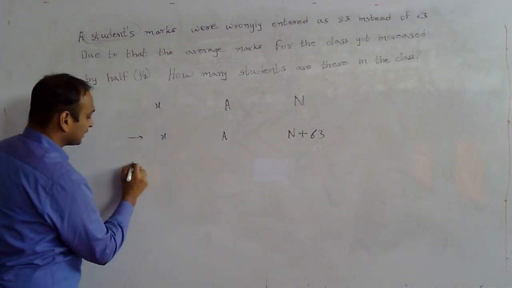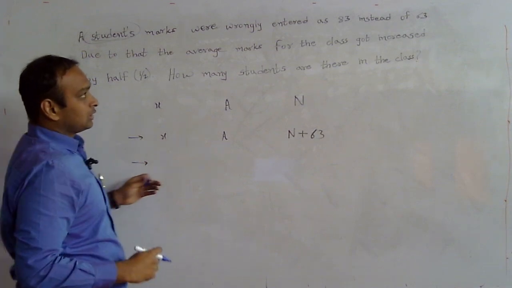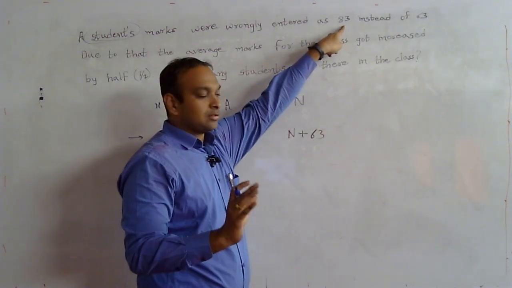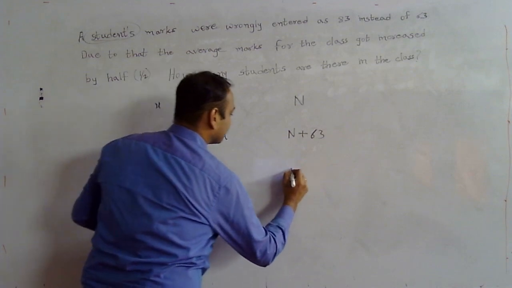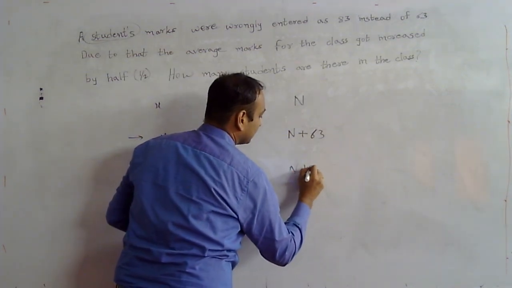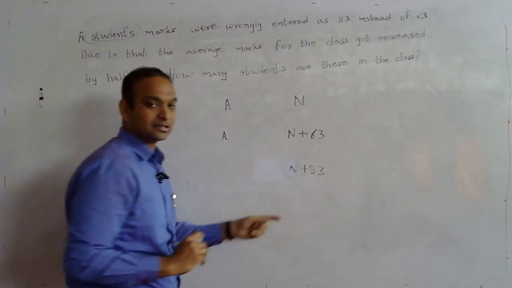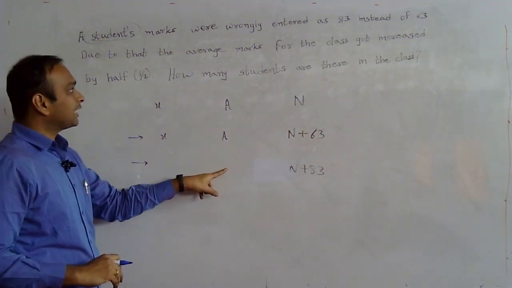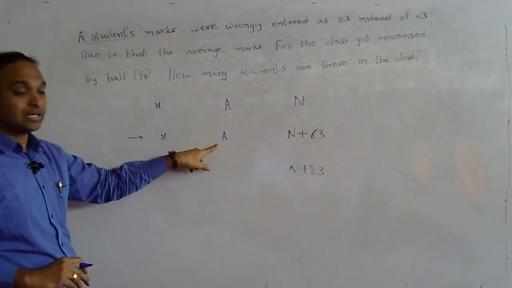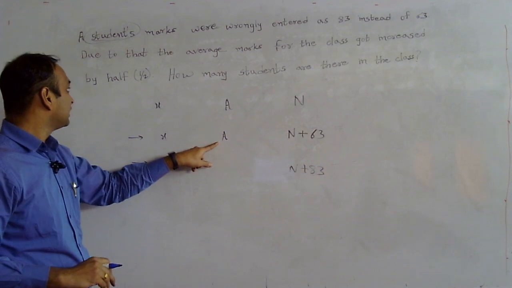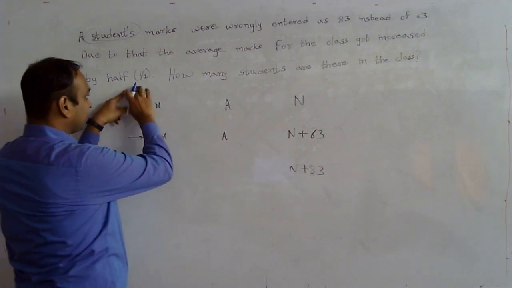In the second case, when the mistake happened, 83 is the wrongly entered marks, so we can consider the total as N plus 83. Now the average will not remain A, it is going to increase by half.